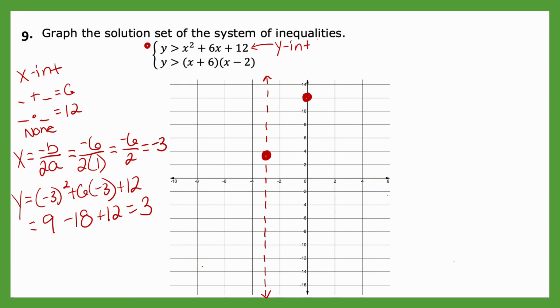What is the last point we can easily get? Not -4 necessarily. This point is 1.5 away from the dashed line, so there's going to be another point 1.5 on the left. So -6, 12.